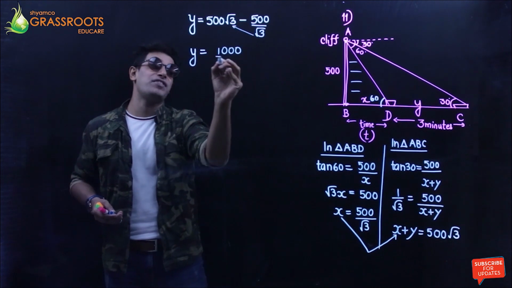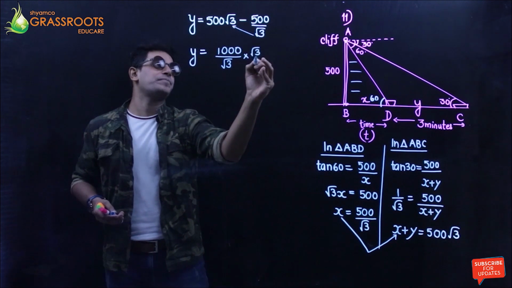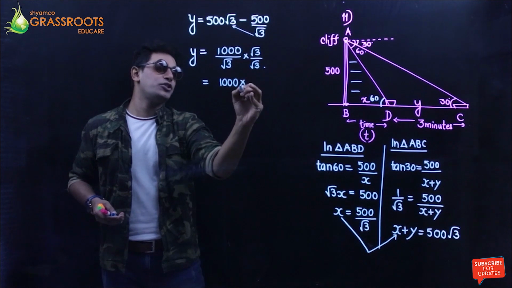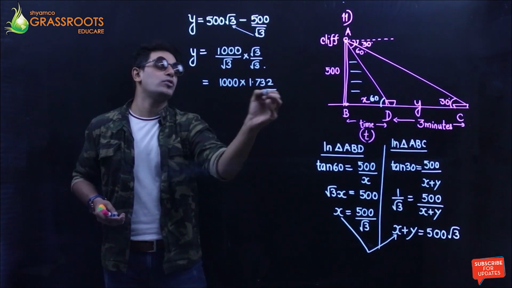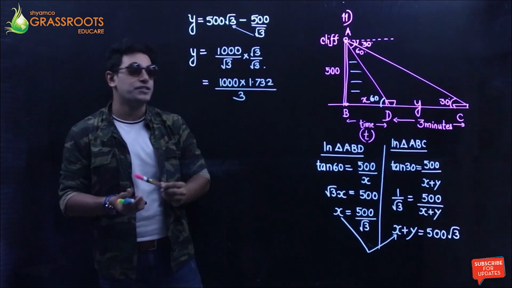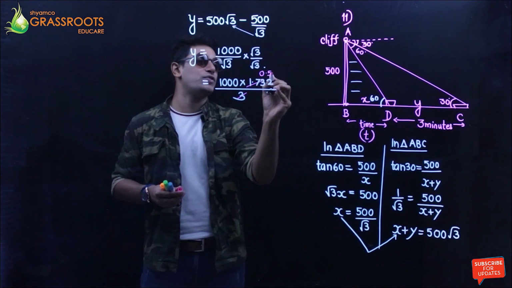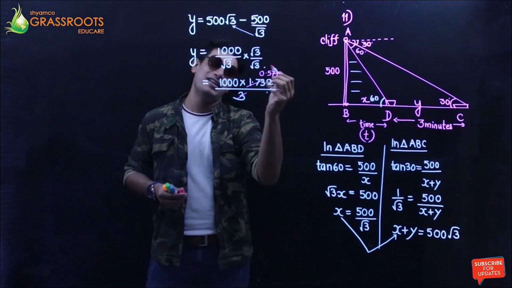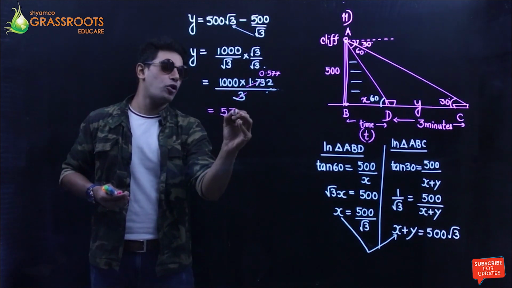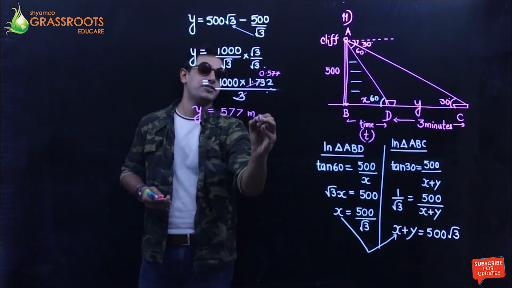That makes it 1000 upon root 3. Rationalize. So you get 1000 into 1.732 upon root 3 into root 3, which is 3. It goes on, 0.577 into 1000. So approximately the value of Y should be 577 meters.